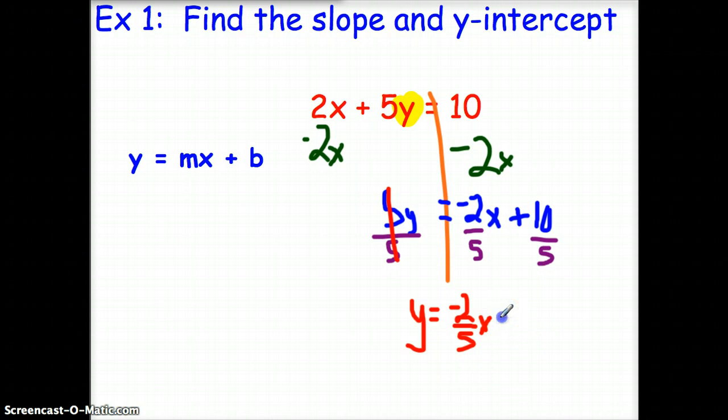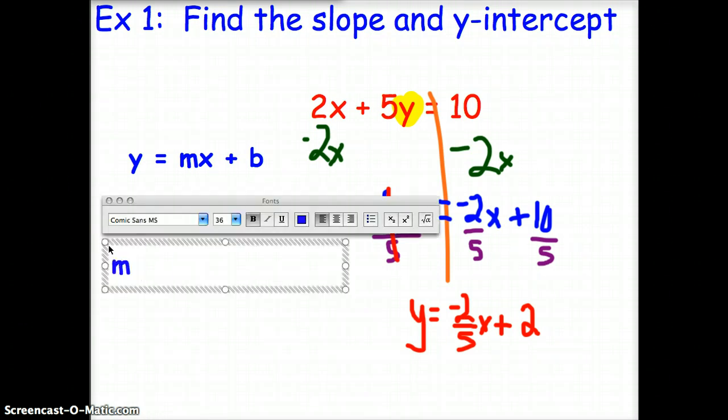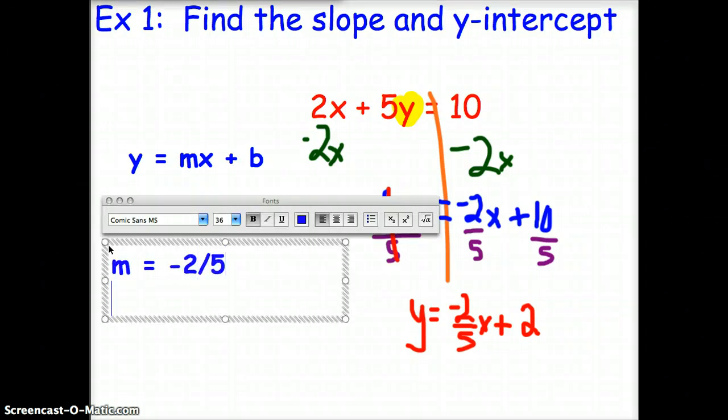And 10 divided by 5 is 2. So negative 2/5 x plus 2. Now that my equation is solved for y, I can find the slope and the y-intercept. In this case, the slope is negative 2/5, and the y-intercept is in the form (0, 2).